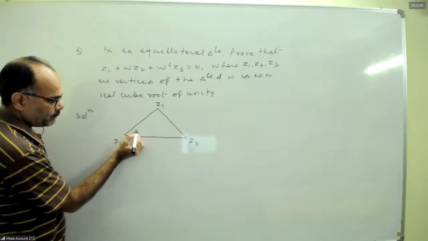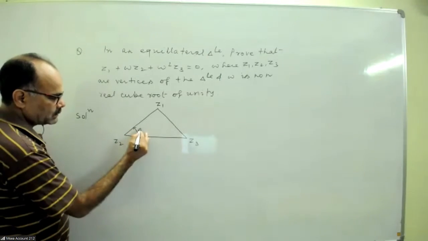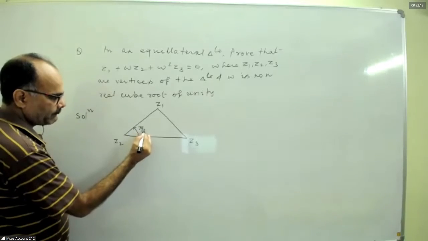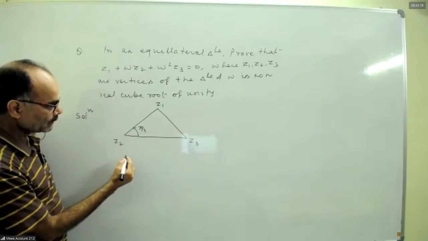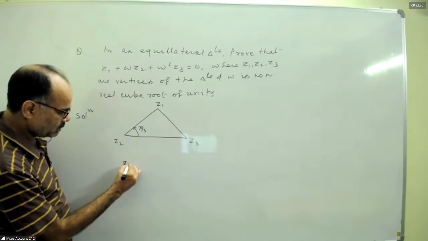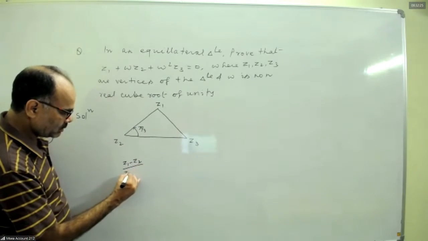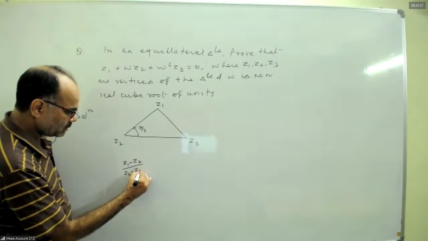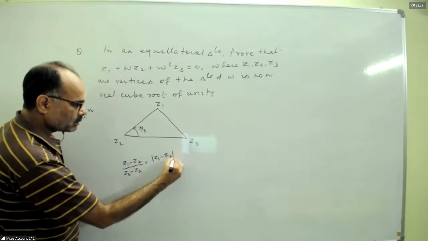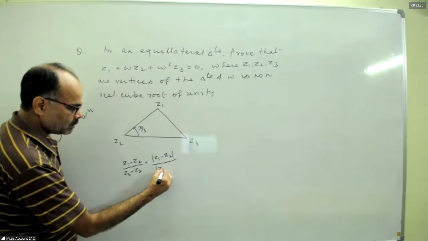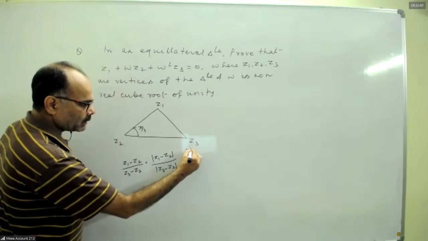All the angles are pi by 3. Let us establish about this. This is the final vector, this is the initial vector. So Z1 minus Z2 by Z3 minus Z2 equals mode of Z1 minus Z2 by mode of Z3 minus Z2 into e to the power i pi by 3.